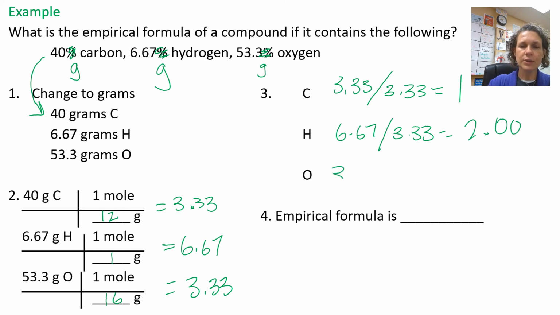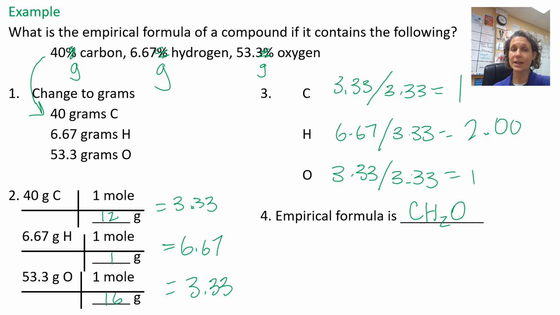And then the last one, 3.33 over 3.33. That's 1 again. So those numbers, because they're all whole numbers, give me my subscripts. So I have 1 C, I have 2 H's, and I have 1 O. So I can calculate the empirical formula.